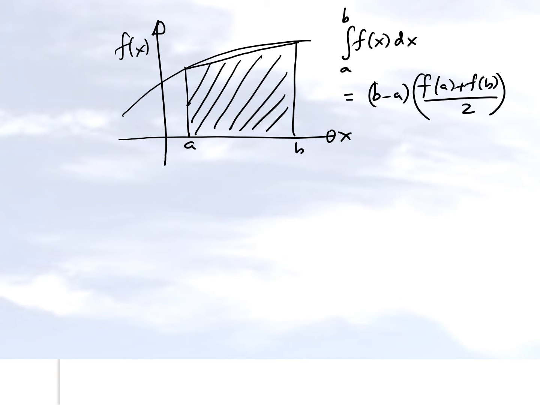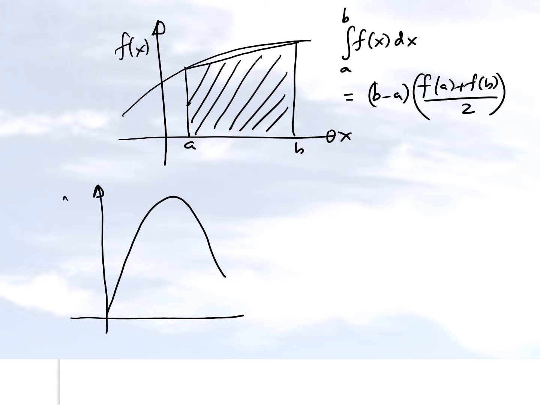Now, what can happen is that a single application of the trapezoidal rule may not give a good estimate of the integral. So a good example of that is as follows. If we have a function here, and let's suppose we call this 5x e to the power minus 2x.